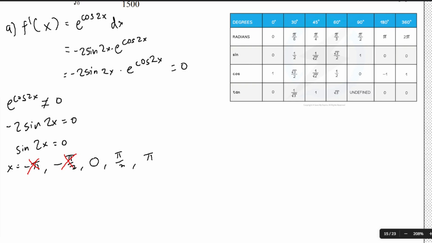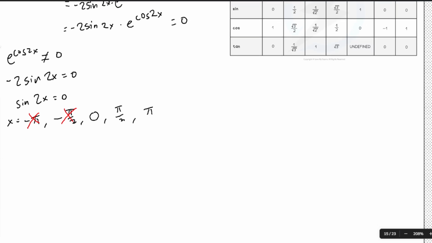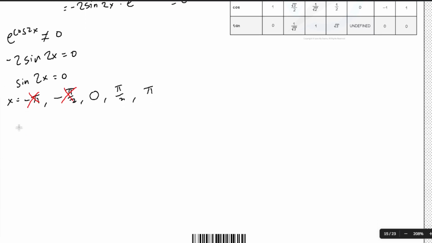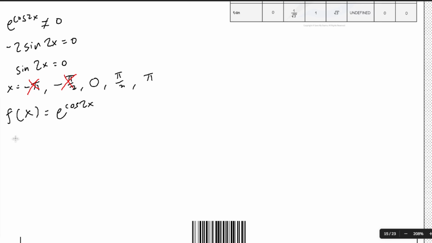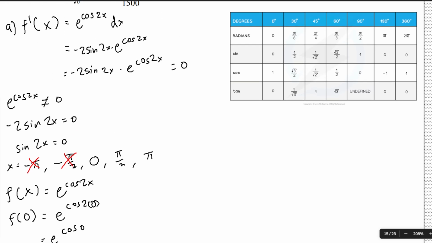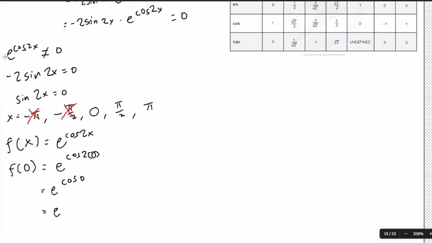All right. So we are left with 3 values of x, which we can use to substitute into our original f of x, which is e power cos 2x. Okay? Now we substitute 0. E power cos 0 would be e power cos 0, which is, if I'm not wrong, 1. Cos 0 is 1, yes.